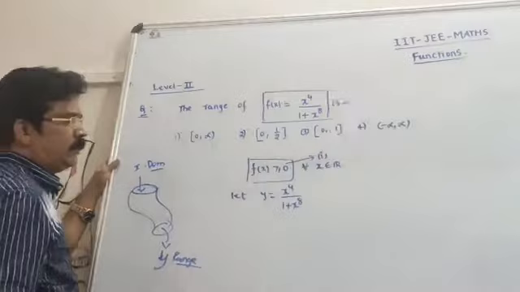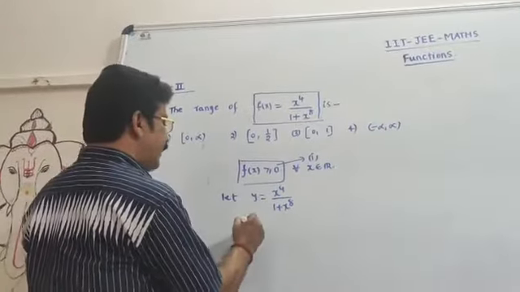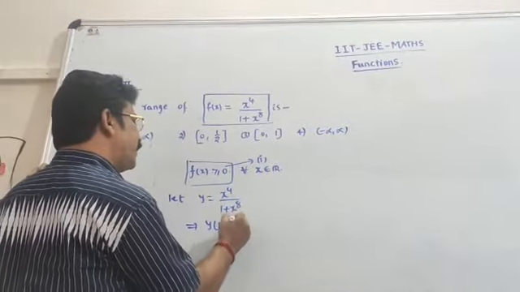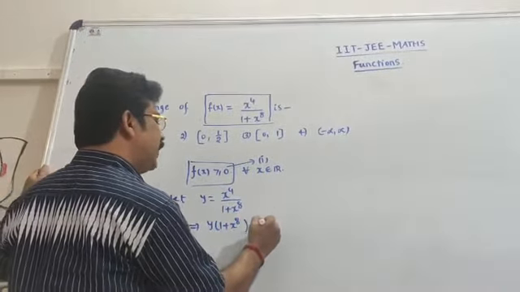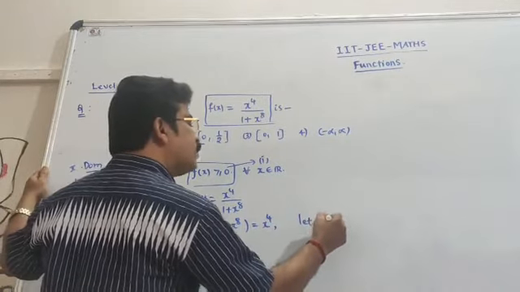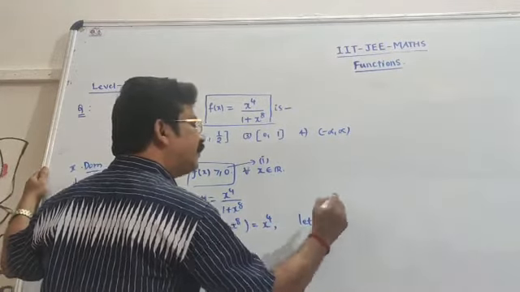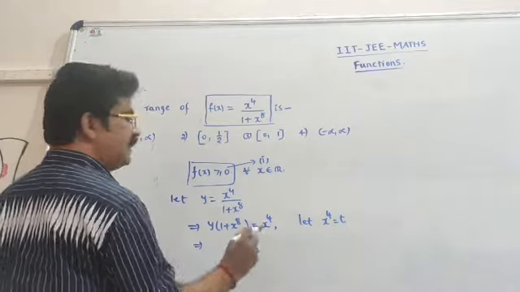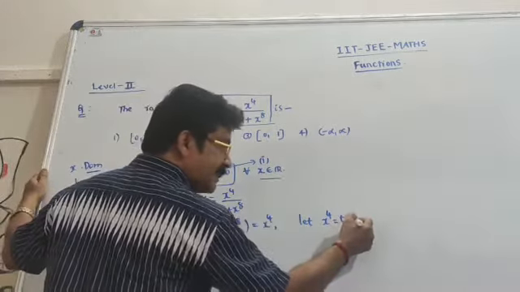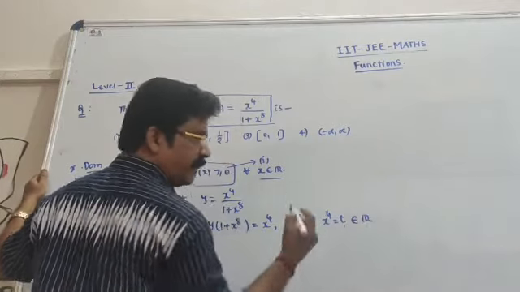Already I said. So as usual, by cross multiplication, y into 1 plus x to the power of 8 equal to x to the power of 4. Here let x to the power of 4 be equal to some t. Remember, x belongs to capital R, therefore t also belongs to capital R.